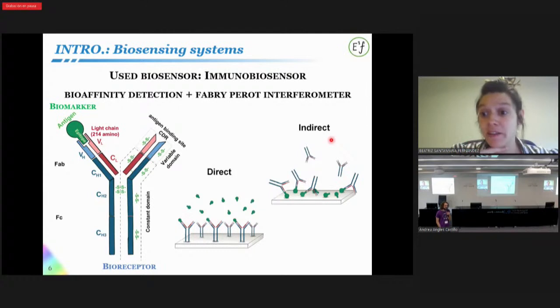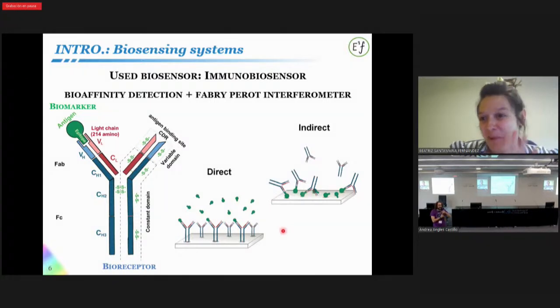If we are detecting with the direct one, there are a lot of antibodies commercially available. A lot of pharmaceutical companies are already selling them. But what is more curious is how we produce the protein, not the antibodies. The protein is produced in one of our research centers at the Polytechnic University, and it is produced in plants.